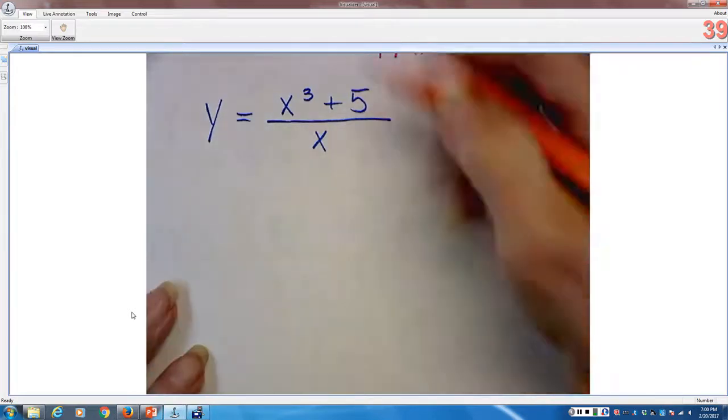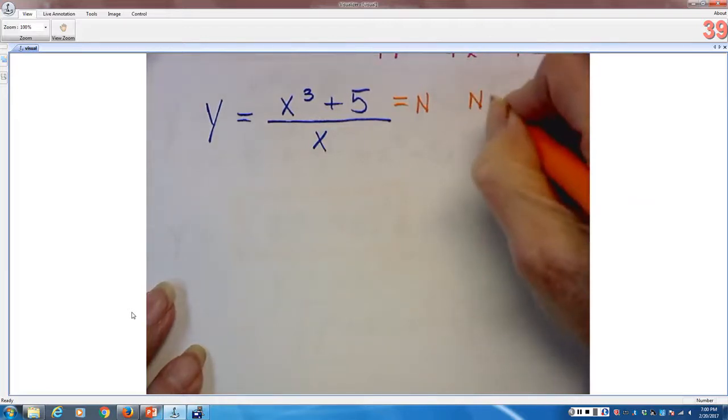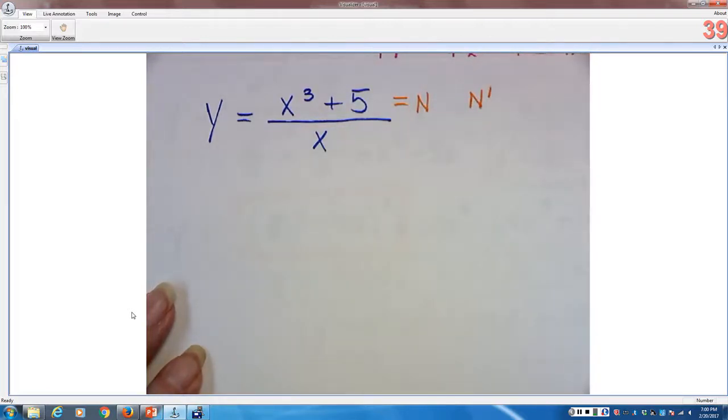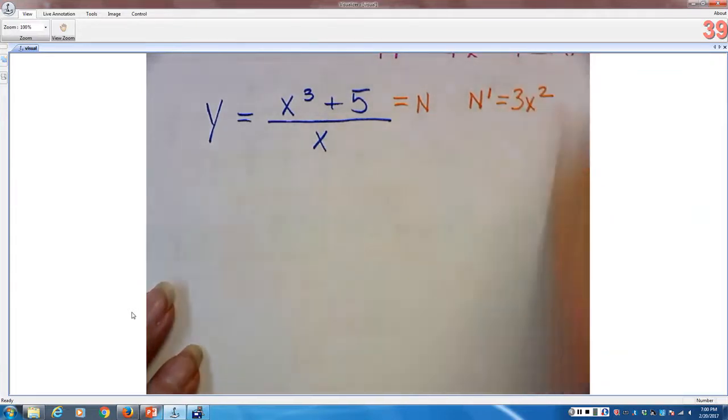So the numerator is x cubed plus 5, and the derivative of the numerator, n prime, is 3x squared.